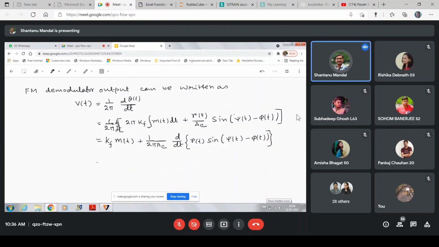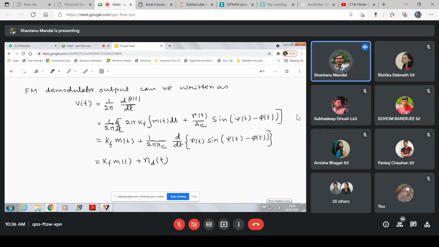Now this is equal to kf m(t) plus n d(t), where n d(t) is the noise part and the signal part. So this is the demodulator output.